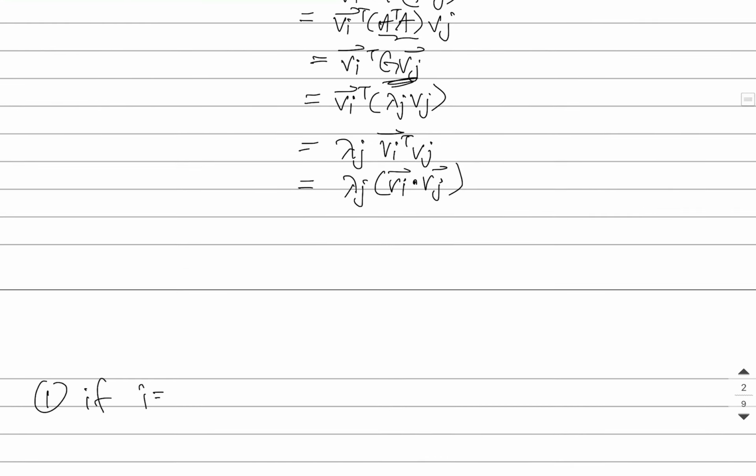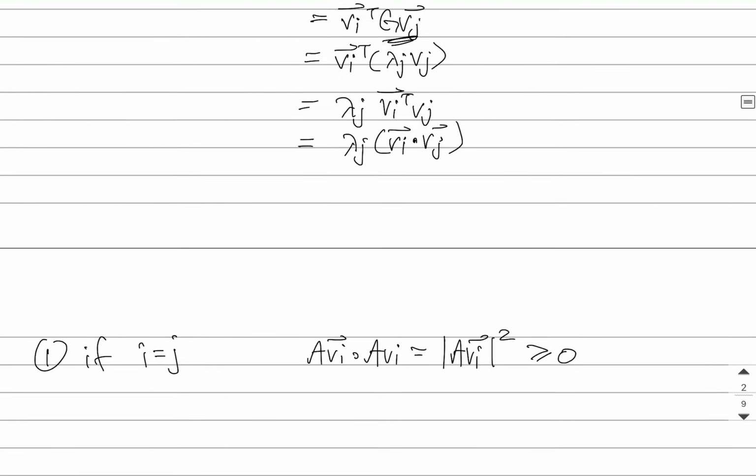if i and j are the same, that means that I'm going to get the following. AVi dotted with itself is the length of that vector squared. And we know that the length always has to be a positive number.